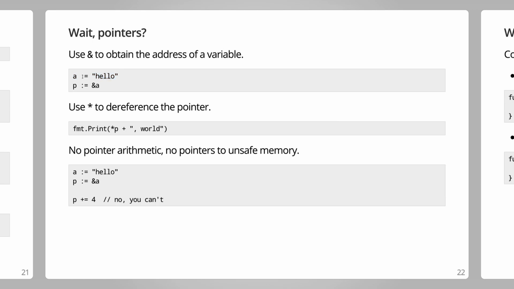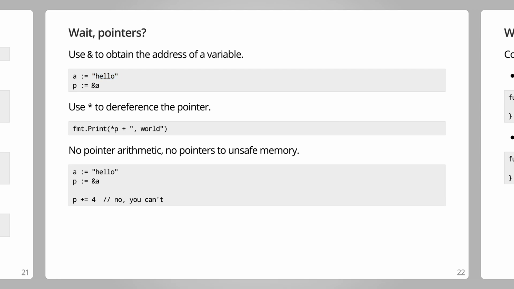If a variable is already declared, so if A is already declared, then you don't use the colon equals. If you use colon equals, you're actually both declaring the variable as a string at the same time as you're allocating or initializing it to the value here.